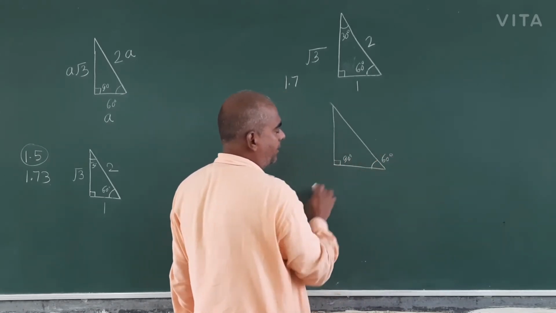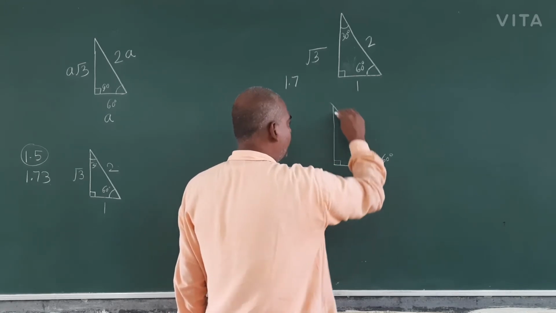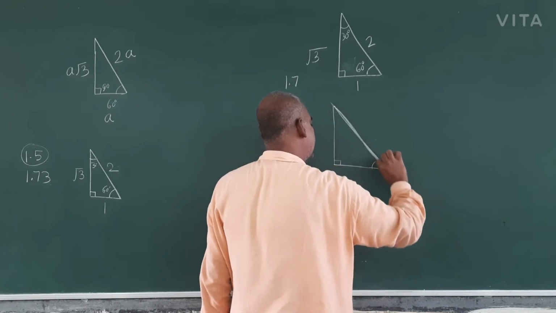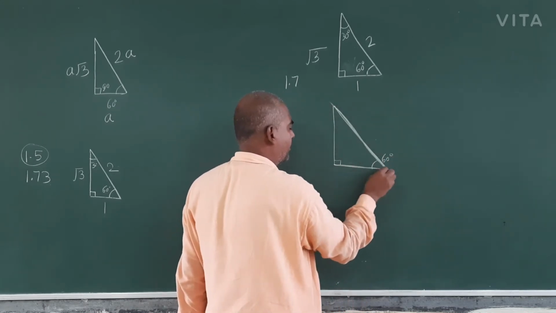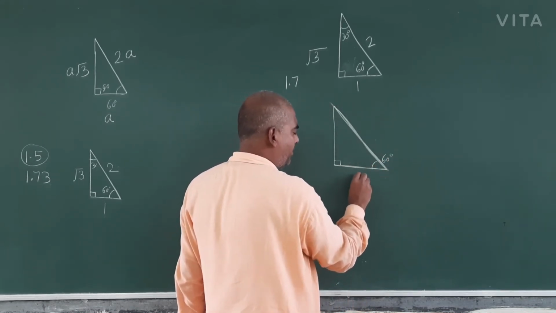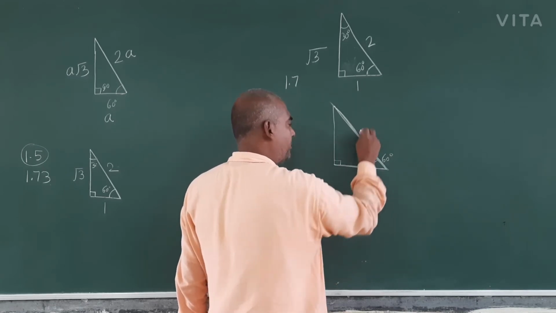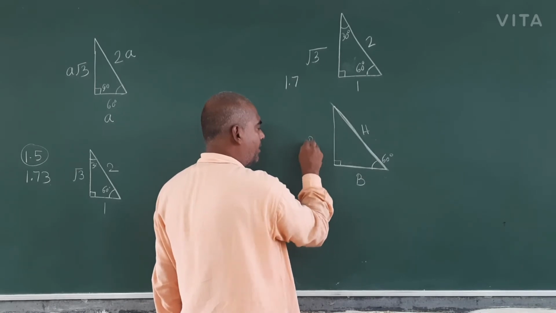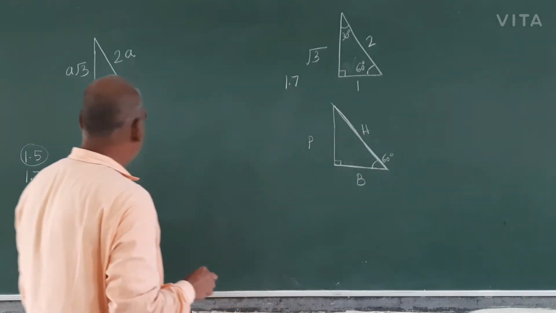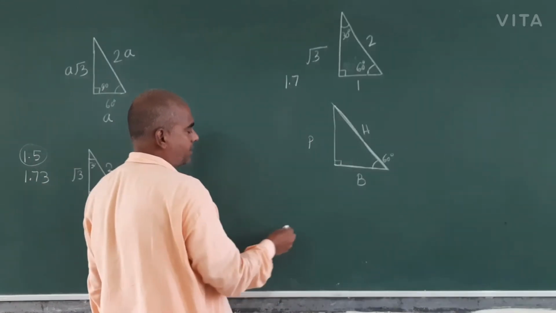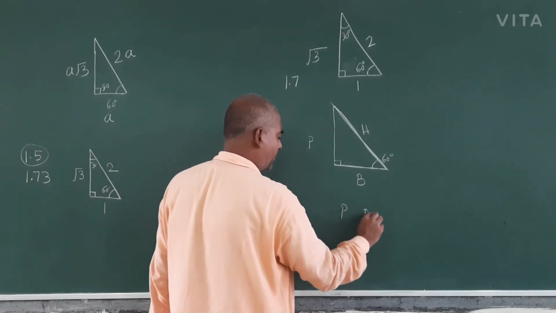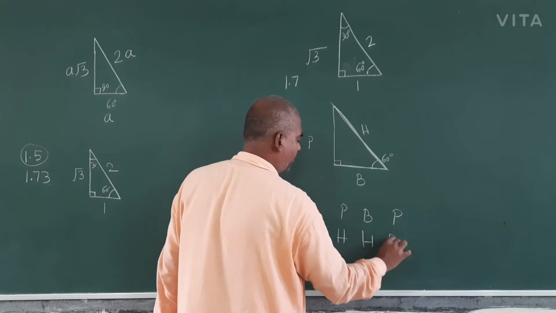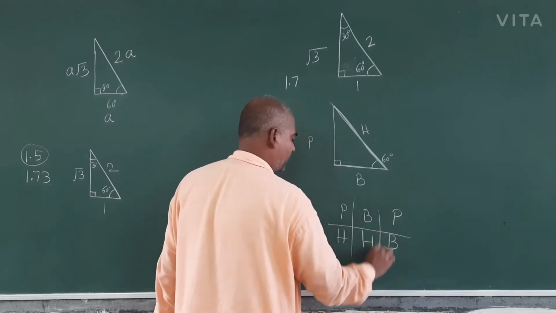So for this angle 60 degree, this will be the base, the hypotenuse is fixed, and that will be the perpendicular. And what about your definitions? Pandit Badri Prasad, Har Har Bol. These are the short forms.